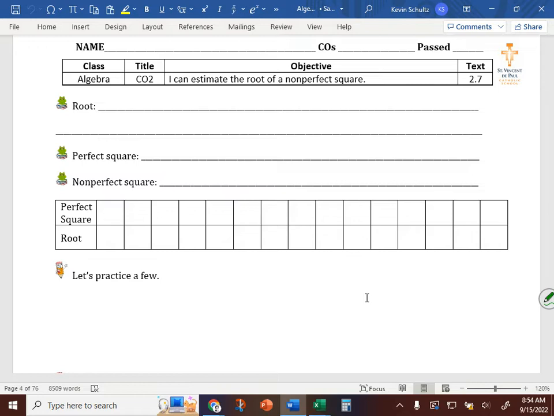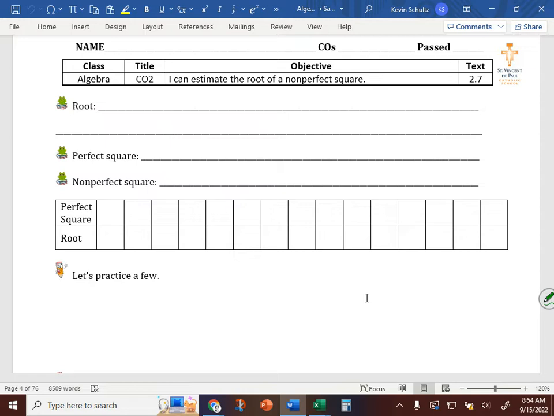Maddie. Yes, and we define perfect square, non-perfect squares a little bit below, but it's not easy to define, is it?